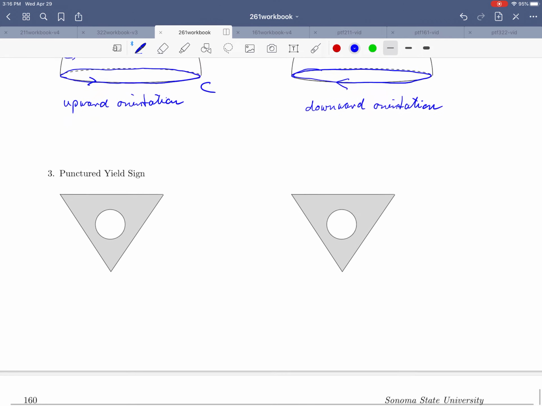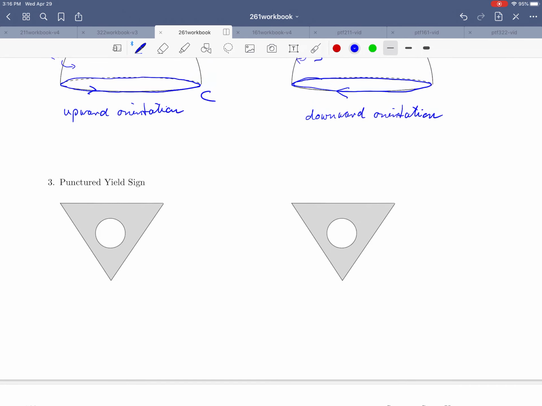Now, I have one more example that we didn't have in the previous video. We have a punctured yield sign. There we could imagine a normal vector pointing straight at us out of the page. Imagine over here, the normal vector is pointing straight at us. The boundary curve here has several pieces.